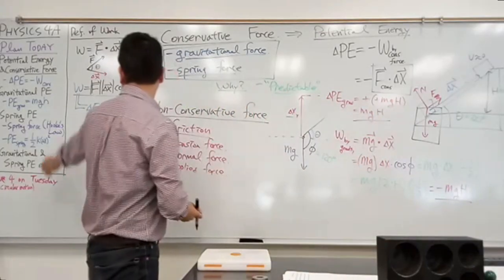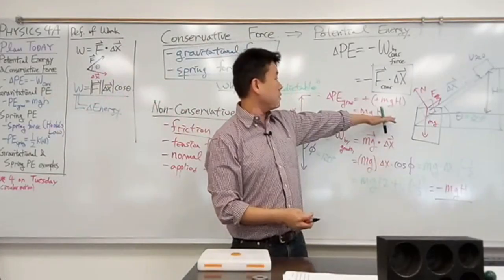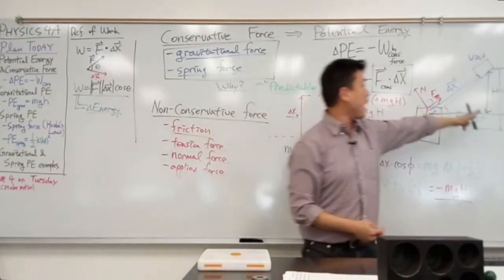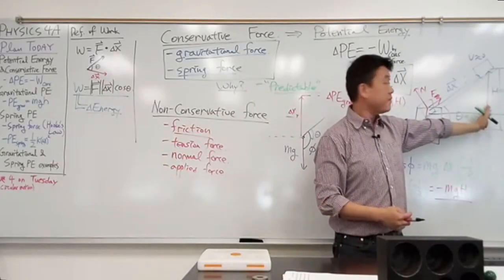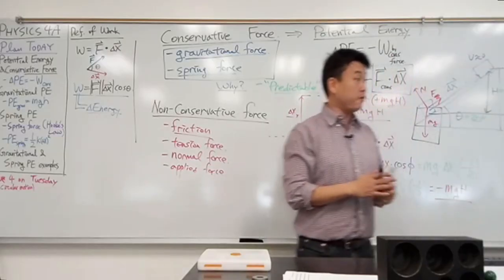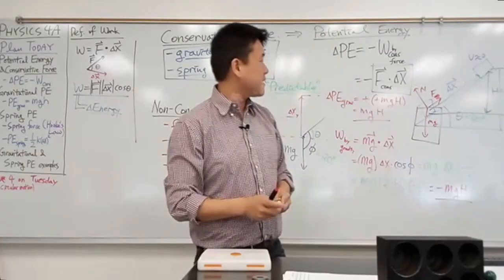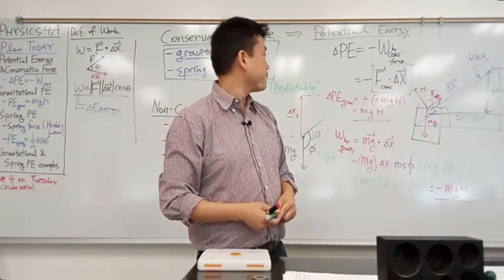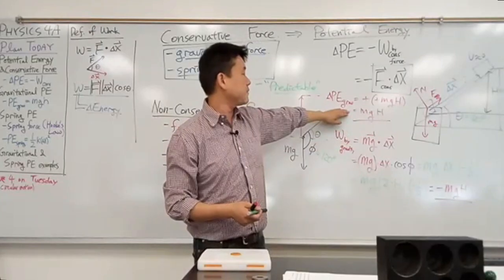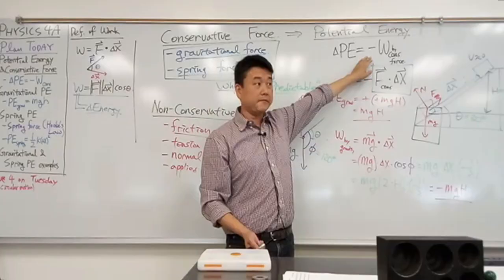And that was the formula that you were using last time. That's why you care about the change in height alone, not the entire distance that you travel over the ramp. Does this example make sense, as the potential energy that gets stored as a result of the negative work being done by gravity?